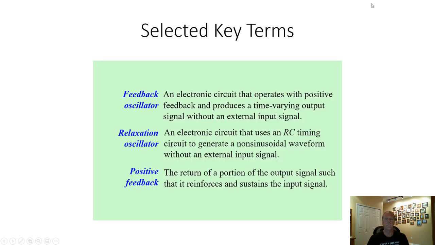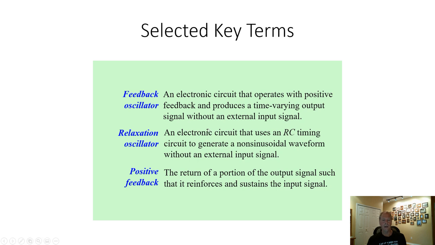Okay, some key terms. We'll finish up with this. A feedback oscillator operates with positive feedback and produces a time-varying output signal without an external input signal. That's important. No oscillators, unless they're voltage-controlled oscillators, have any external signals coming into them. They just oscillate all by themselves.